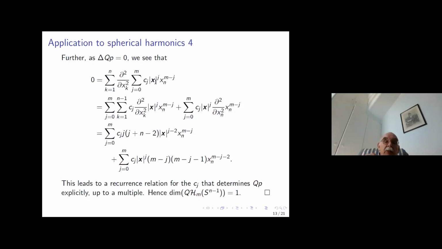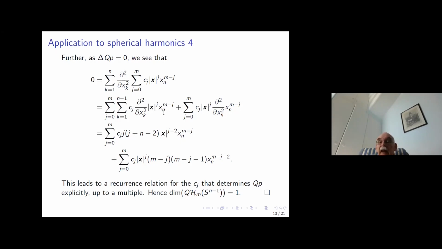If I apply the Laplacian to this, so this is x prime, which depends on x1, x2 up to xn minus 1, so the derivatives with respect to x1, x2 up to xn minus 1 are applied to x prime.